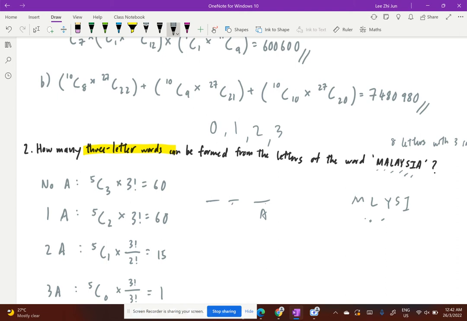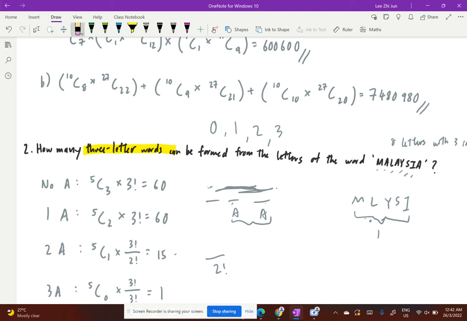If 2 A, there are 2 identical A that are a must, so in these 5 letters you can just pick one, times the three arrangements. However, since the arrangement between identical objects is not important, you divide by 2 because there are 2 A. So you will get 15.